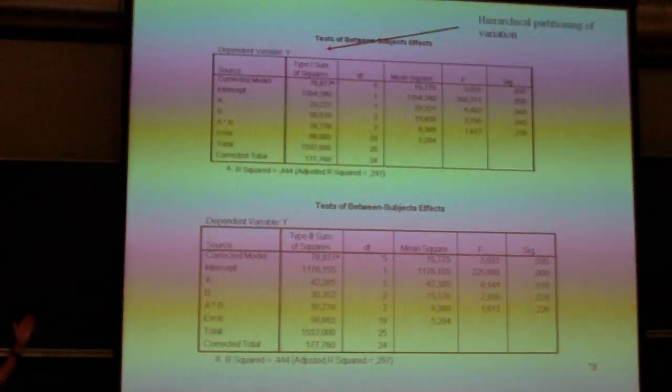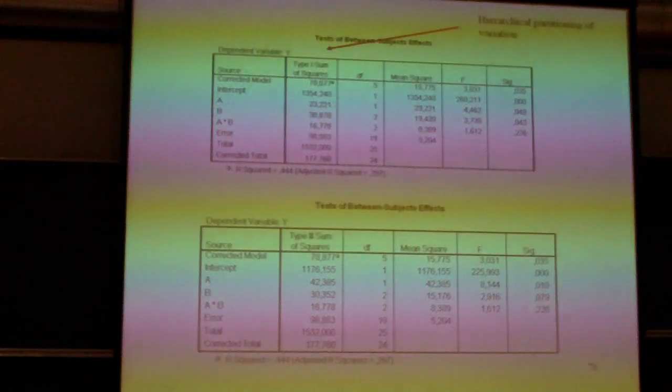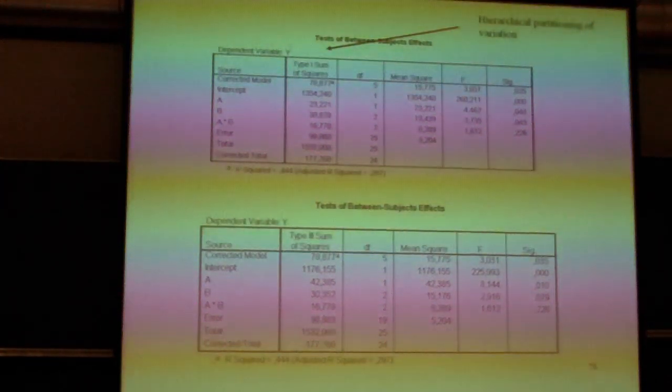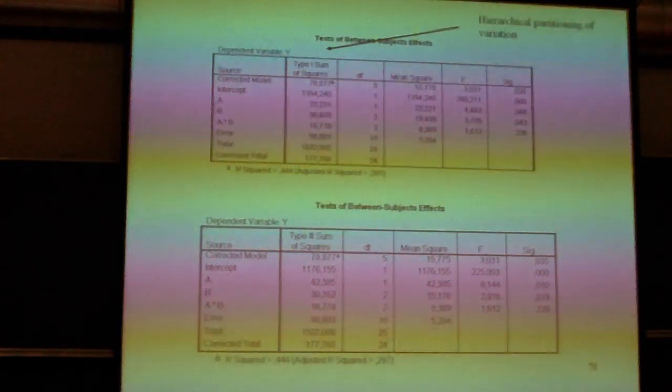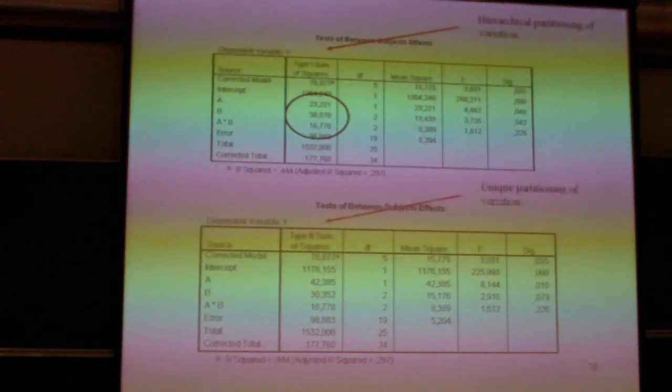So this is a choice that we can make under some circumstances to compute hierarchical sum of squares, but default and usually the best option is to compute the unique sum of squares.